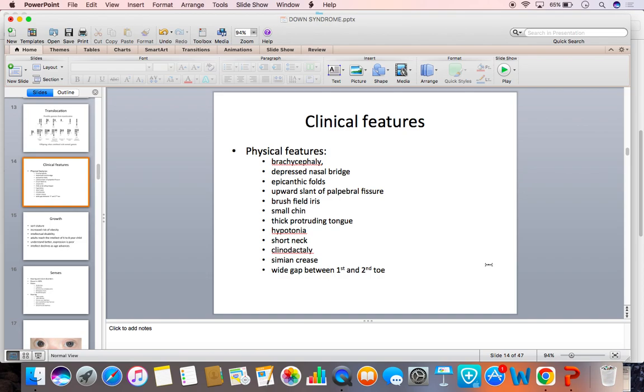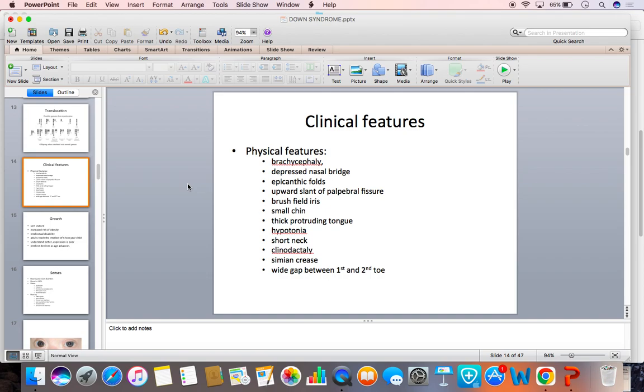Epicanthic folds. Upward slant of the palpebral fissure. Brushfield spots in the iris. Small chin. Thick protruding tongue.